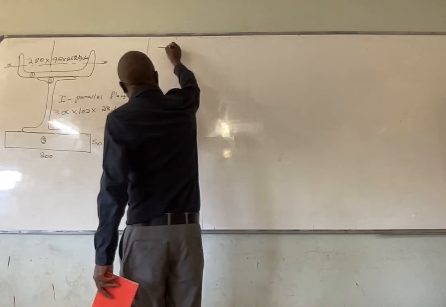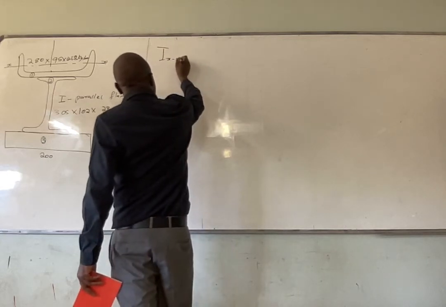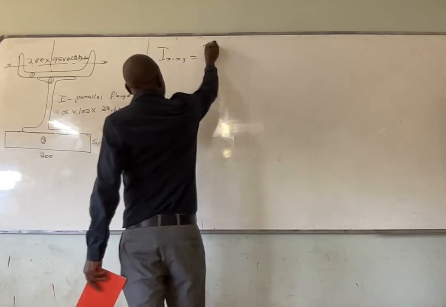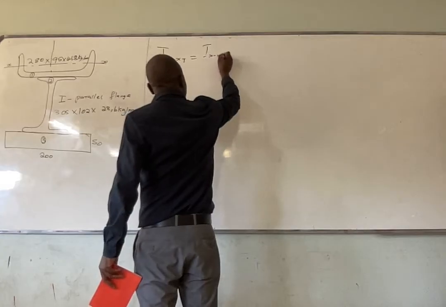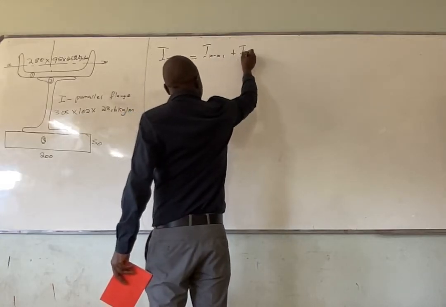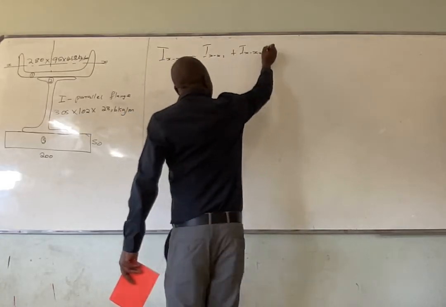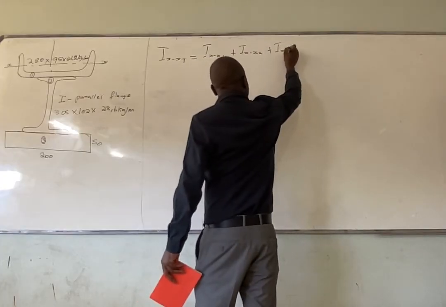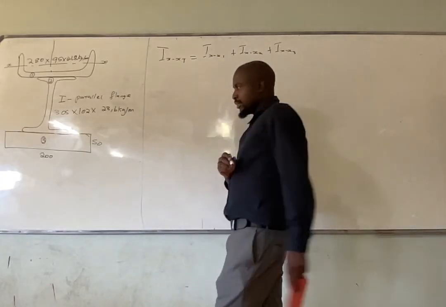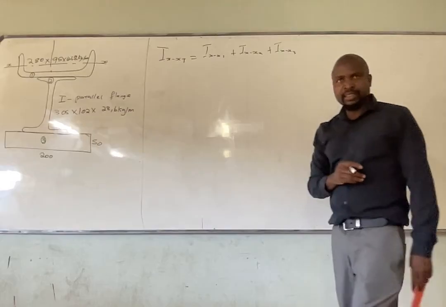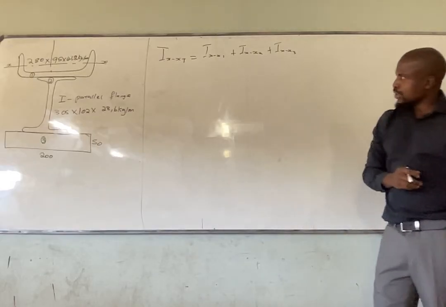That will mean the IXX total will be IXX1 plus IXX2 plus IXX3, because we have 3 areas, right?